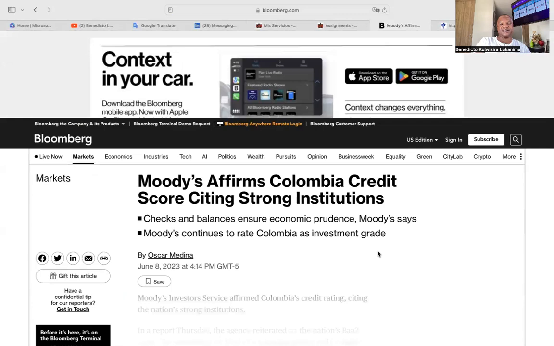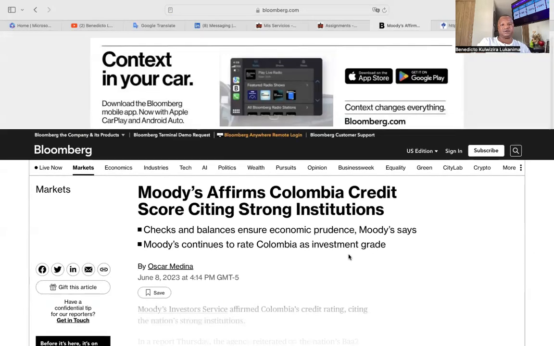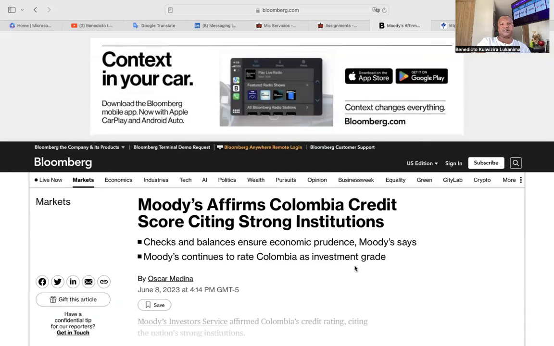It says, Moody's continues to rate Colombia as investment grade. That simply means it should be triple B something. There are no specific details.